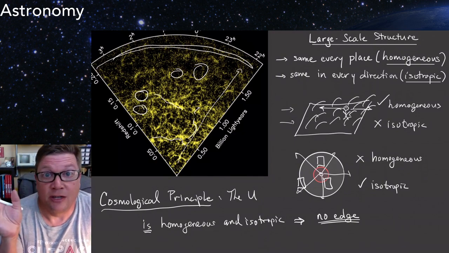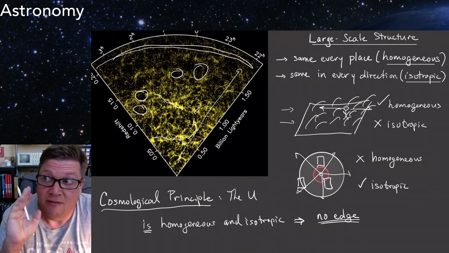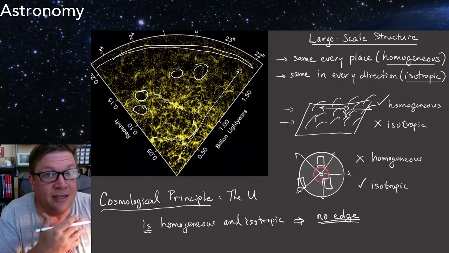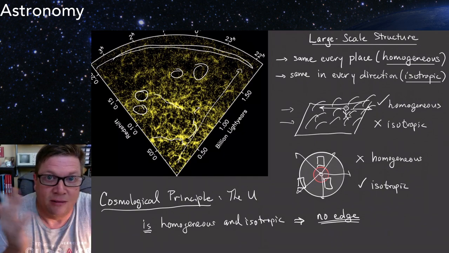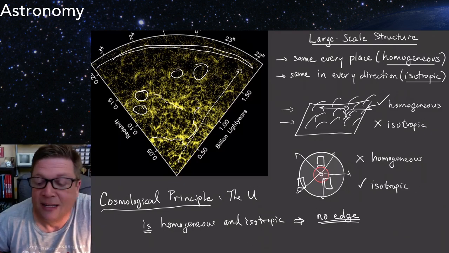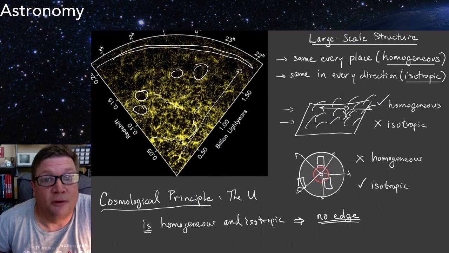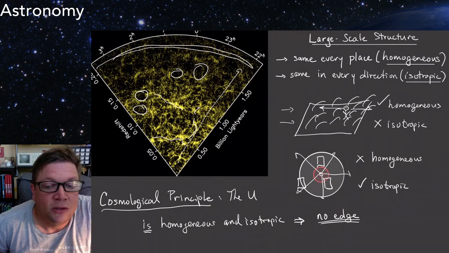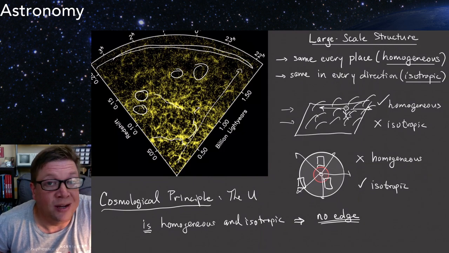They look off in one direction and they would see the universe. Then they look off in the other direction and they would see, I don't know, no universe or whatever. I can't imagine it. But anyway, it would look different. If you're on the edge, it would look different one direction than another, right? So it wouldn't be isotropic. So this condition that the universe is homogeneous and isotropic for everyone implies that there's no edge.